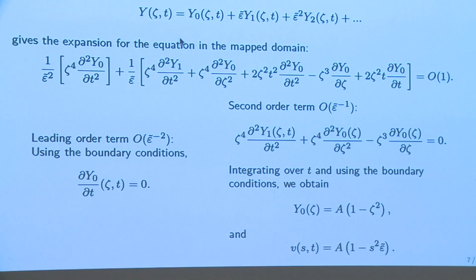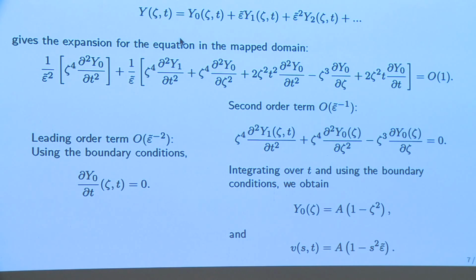It's a simple computation, and using this we obtain an equation for y0 in zeta, and using the boundary condition now at the hole, which says that at zeta equal 1, the solution equals 0, we obtain the form of the leading order term of the solution, big Y0, near the hole.